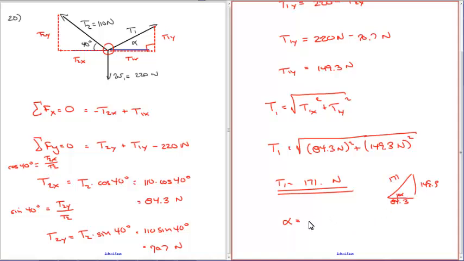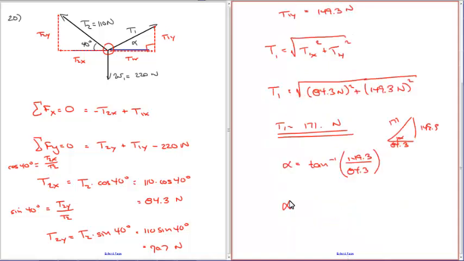Alpha is going to be the inverse tangent of the opposite over the adjacent. So we do the inverse tangent of 149.3 divided by 84.3, which is 60.5 degrees. Okay, so let's stop here and check it out.